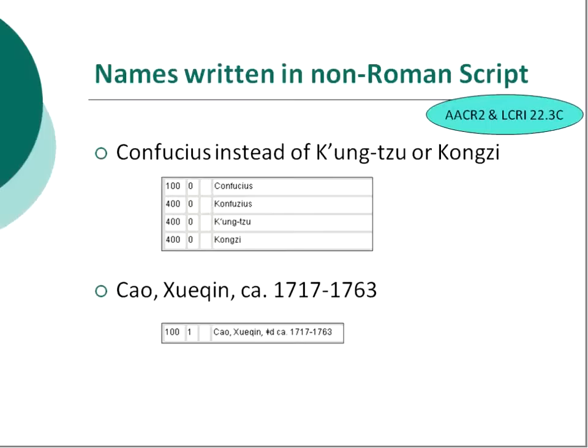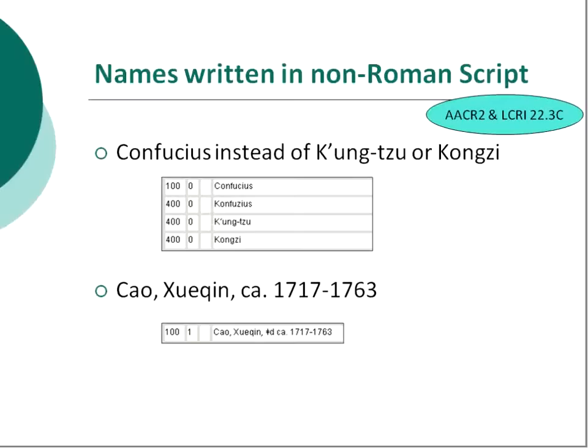In our second example, CAO, there wasn't an established form different from the romanized form in the English language reference sources. So the 100 heading form, CAO, was the romanized form according to the ALA-LC romanization table.